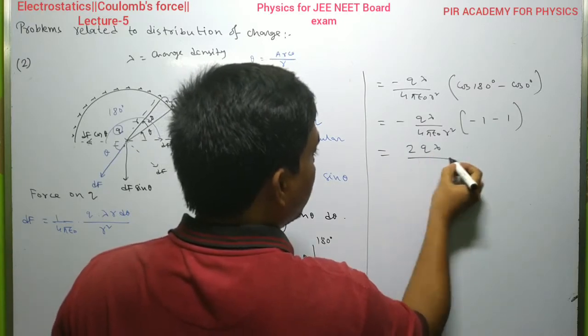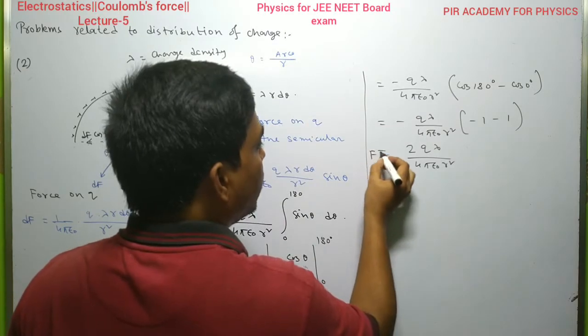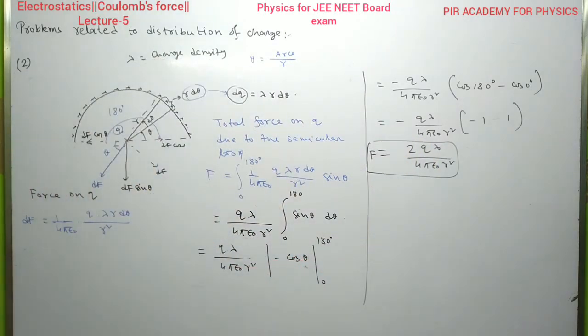So the net force on the charge q is 2 q lambda by 4 pi epsilon naught r.